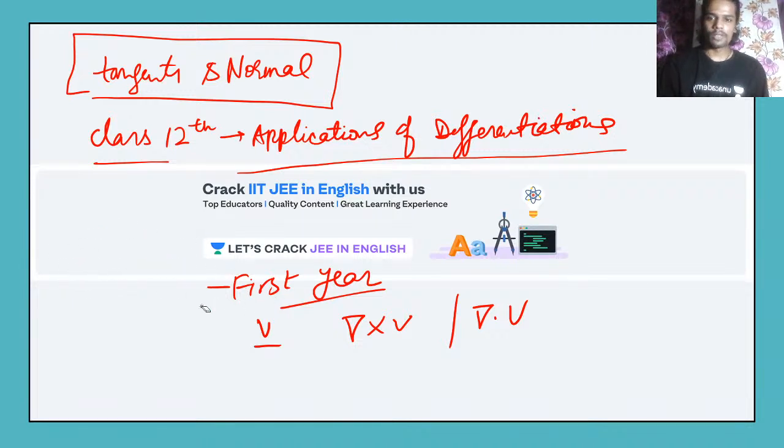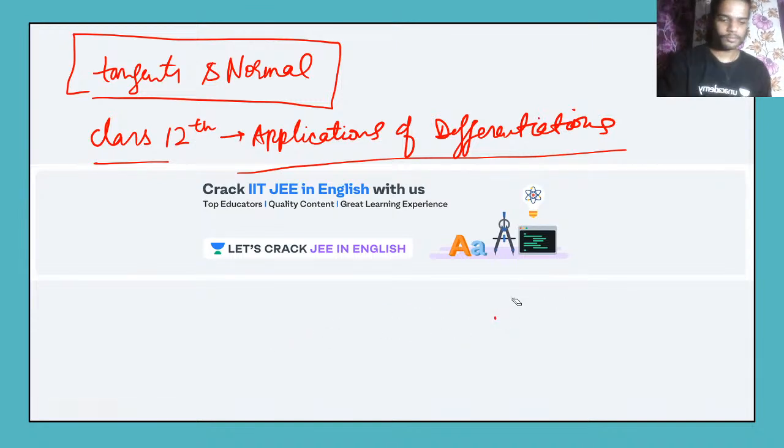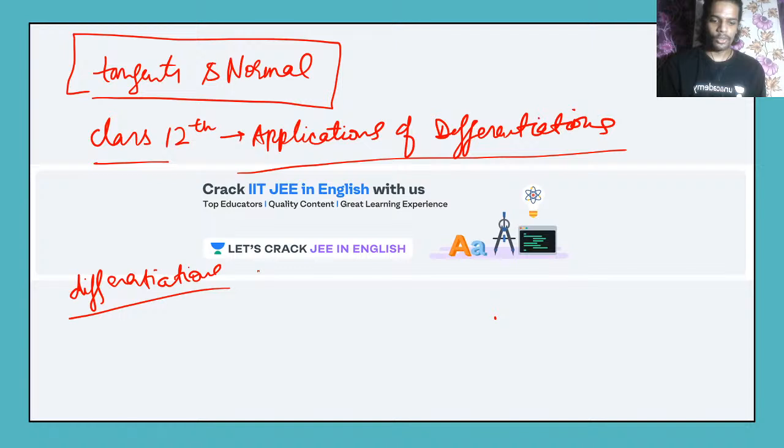So let us get back to the topic, and the topic is tangent and normal. As I told, it comes under the hood of applications of differentiation. We studied that differentiation is denoted as dy by dx, and we studied some basic rules and formulas.